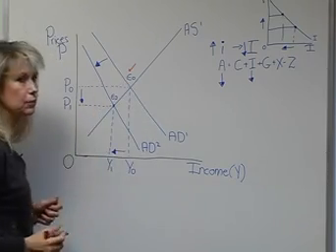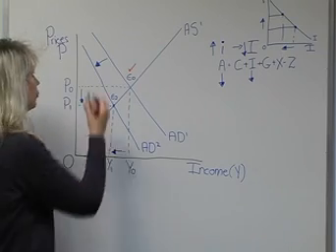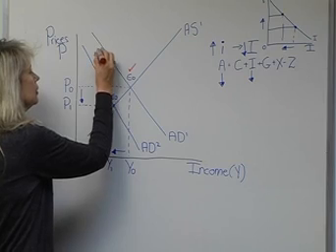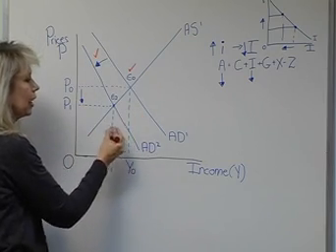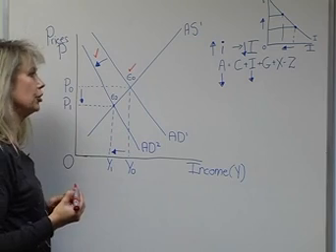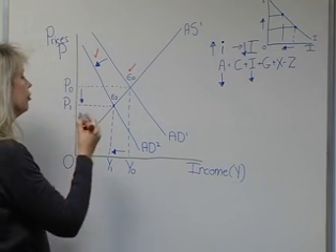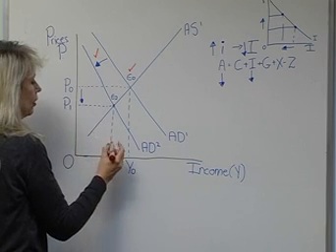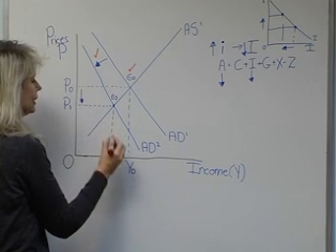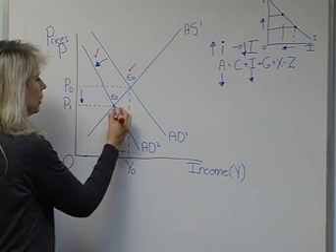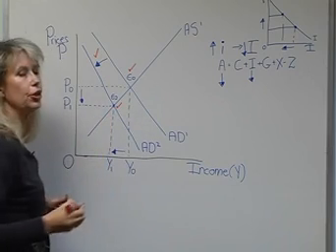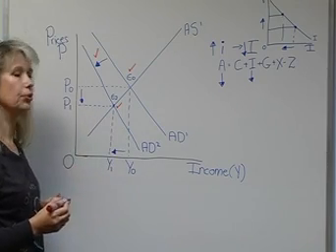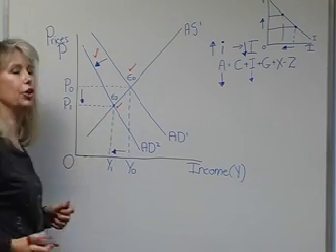So that is the first mark. The second mark is for indicating correctly that aggregate demand decreases and that the aggregate demand curve shifts to the left. And then the third mark is for indicating correctly that the price level decreases and the income level decreases. So for the new equilibrium position indicated correctly, that is what the third mark is for.